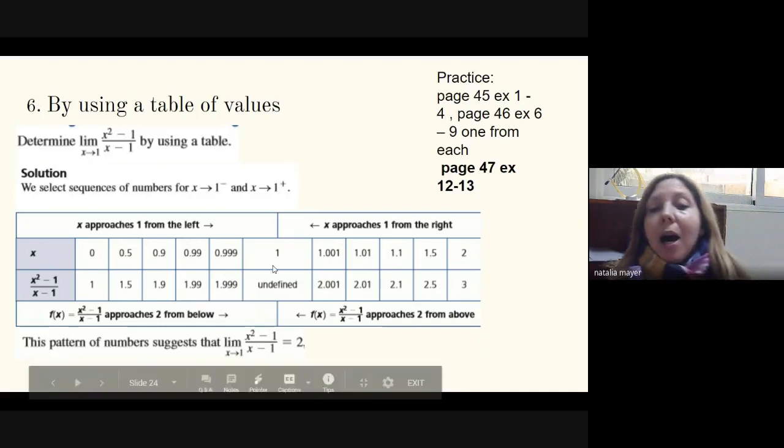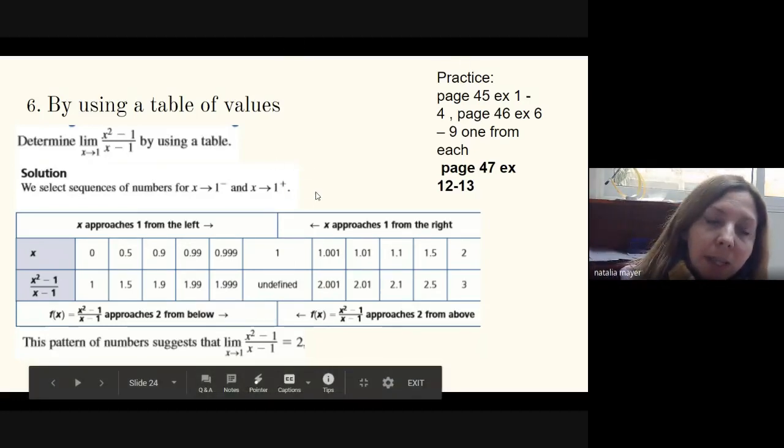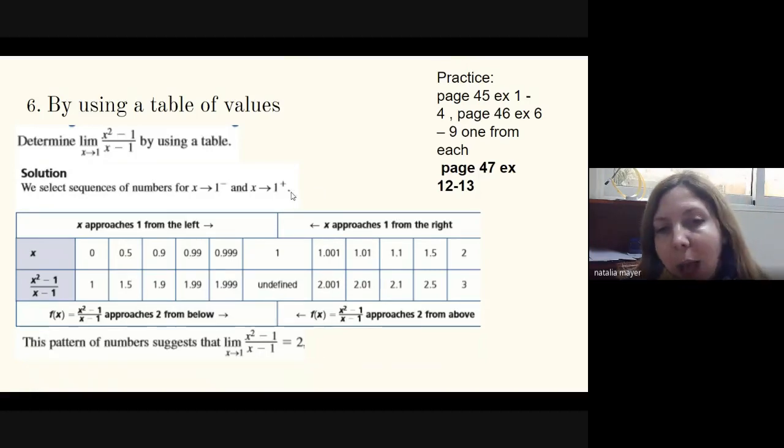In the same way, we are doing the calculations on the right. So if we want to investigate what happens when we come close to 1 from the right, we take values closer and closer. Here you should look from right to left: 2, then 1.5, then 1.1, then 1.01, then 1.001. So this way I'm getting closer and closer to 1.